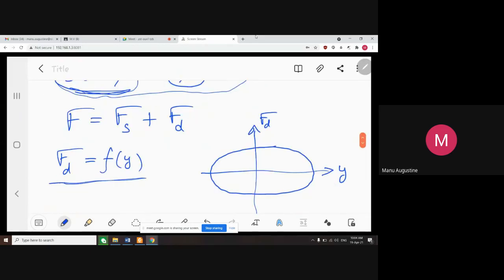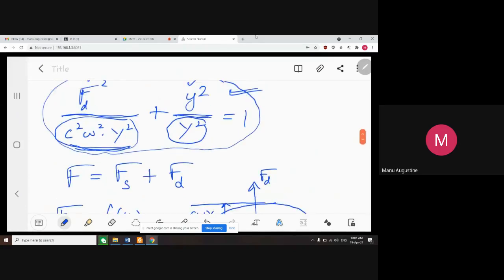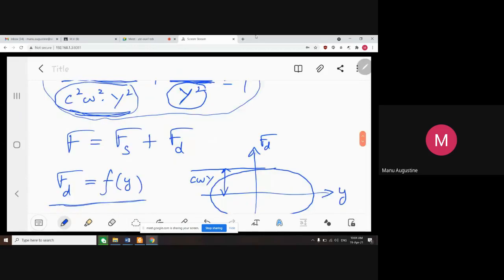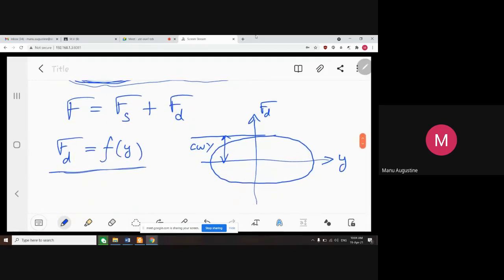So that means this must be c omega capital Y. And below your square of independent variable, you have capital Y square. So that means the semi-major axis of y should be capital Y. This is standard mathematics. So what you got was, if I plot a curve between FD and y, I would get an ellipse. This is the gist of the matter here.